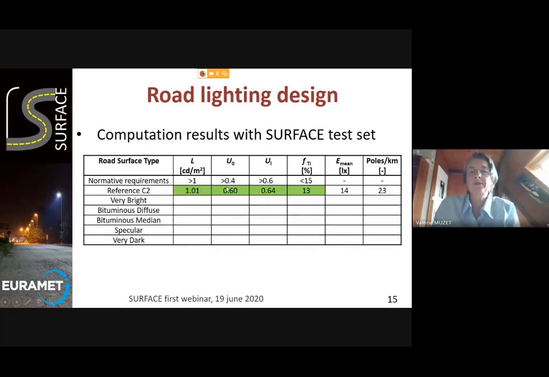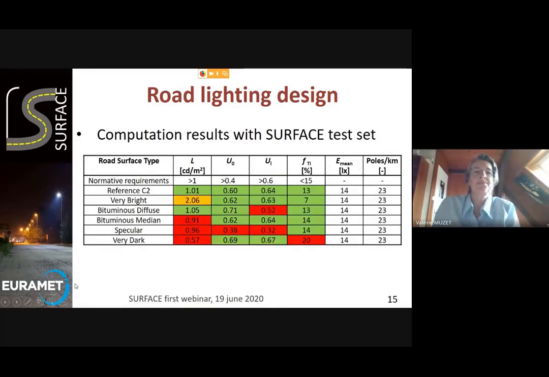Here you have the reference just to remind, and then we use all our data sets. And you can see here that for the very bright pavement, you have good uniformity, but we really overlight the road. We have 2 candela per square meter instead of 1. And for the other pavements, we don't comply with the standard.